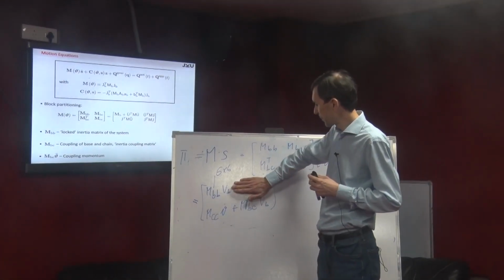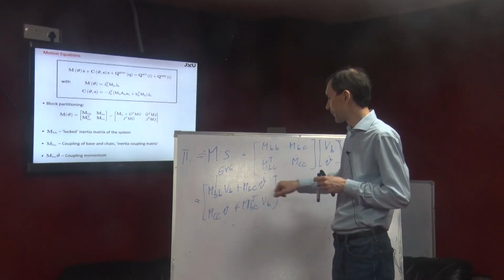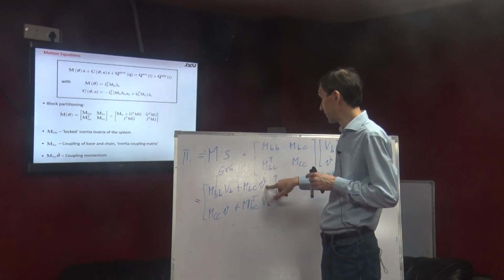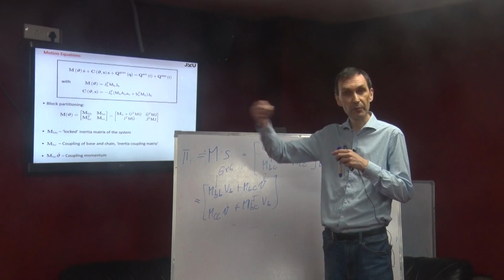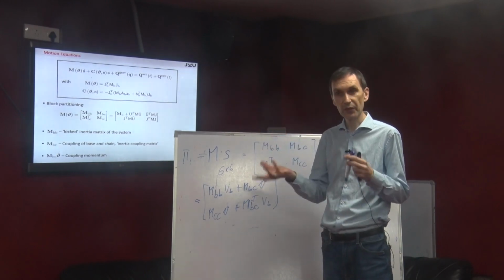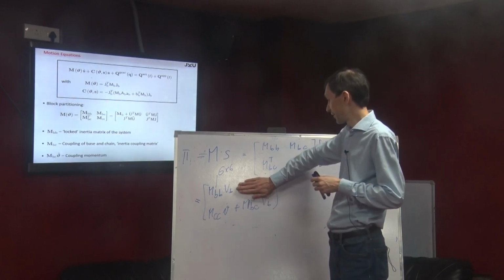Let's assume that the chain, I mean the robot that is mounted on the base, is not moving. So it's locked. Say we lock the joints. Then this is 0, right?